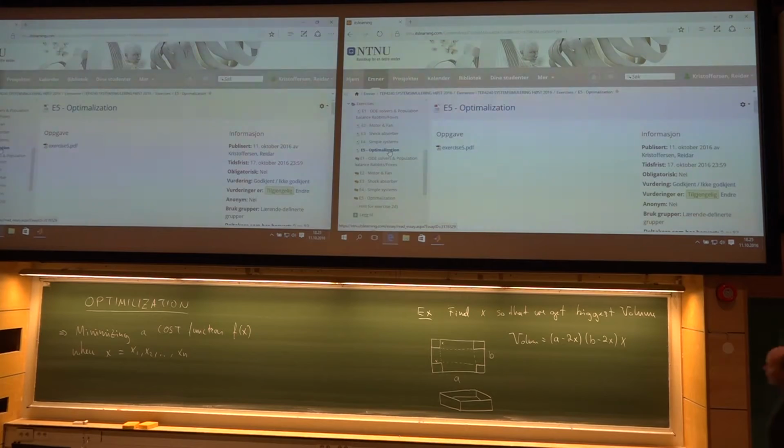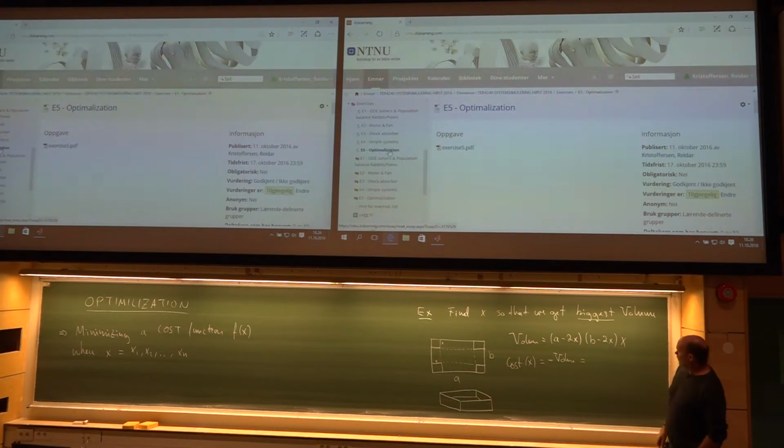Remember, here I want to find the biggest possible volume. It is to be maximized, but within optimization it's always minimized, sadly. So my cost function will now be a simple function of x. I only have one parameter in this problem. It will now be minus volume.